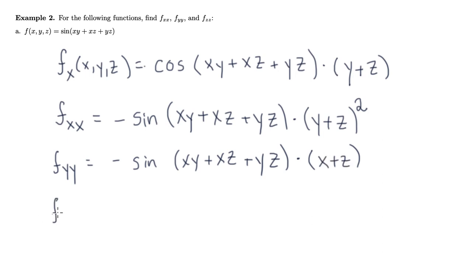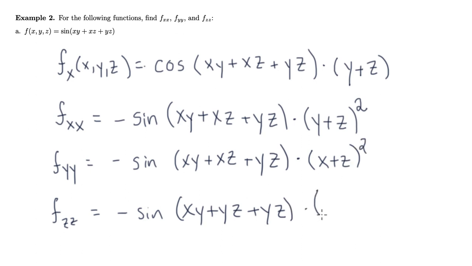And then f_zz is going to be exactly the same thing, except I'm going to multiply by the derivative of the inside with respect to z, which is going to be x plus y, squared. And there we are.